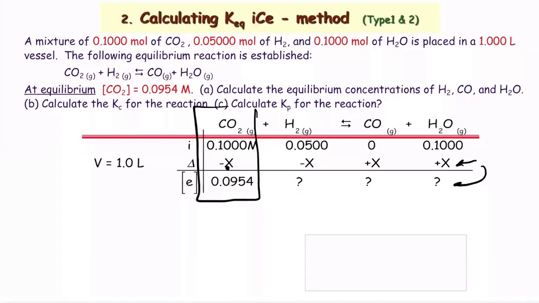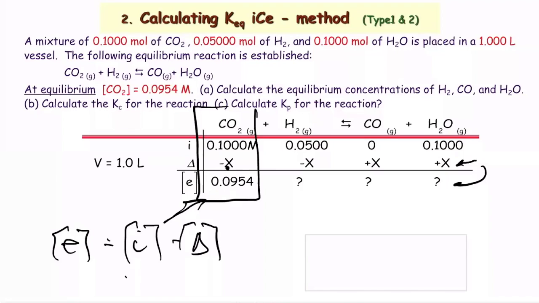Anyway, the key in this particular problem, and I'll stop after this, is that the equilibrium concentration is equal to the initial minus the change. Our initial is 0.100, our change is minus X, but our equilibrium is 0.0954.